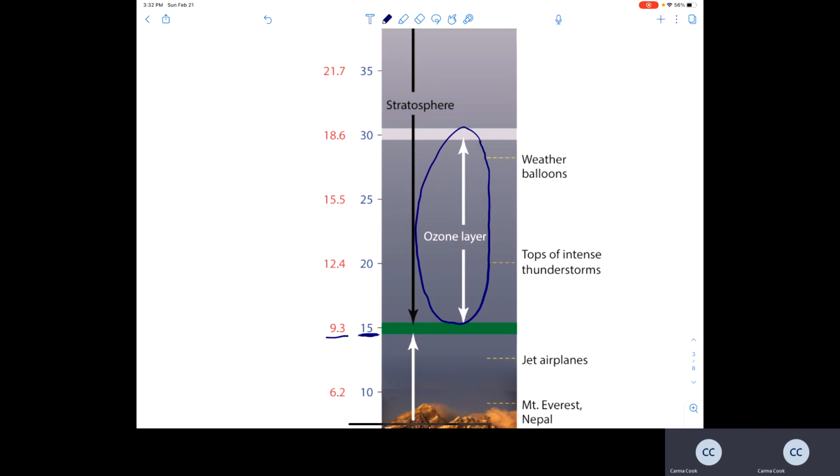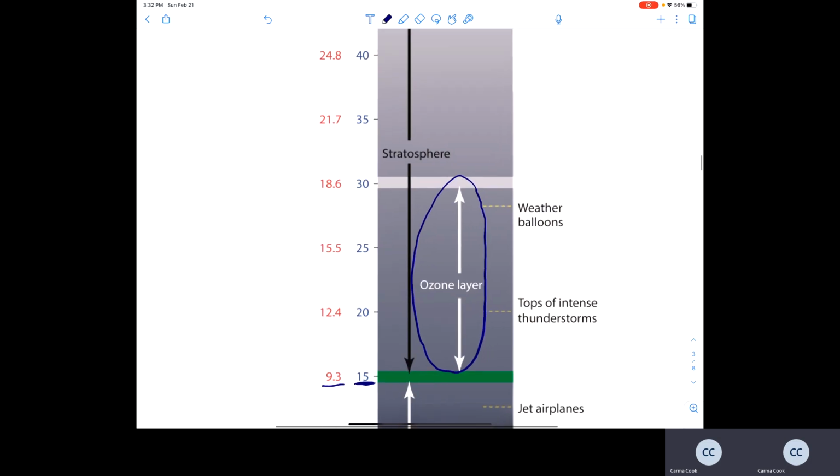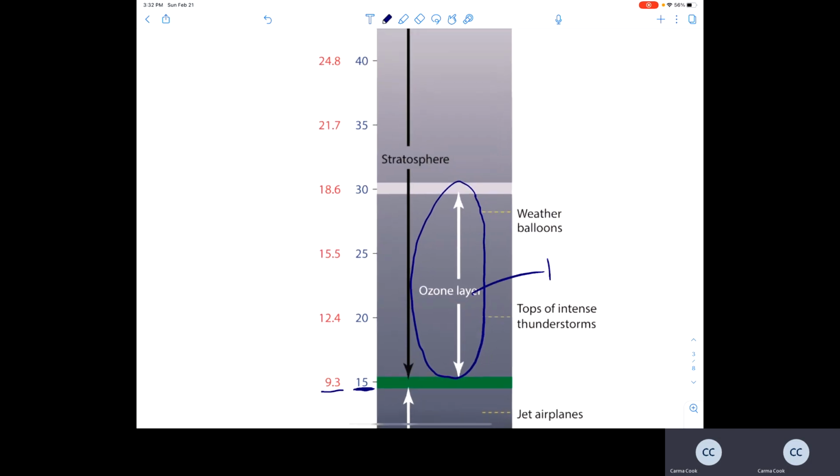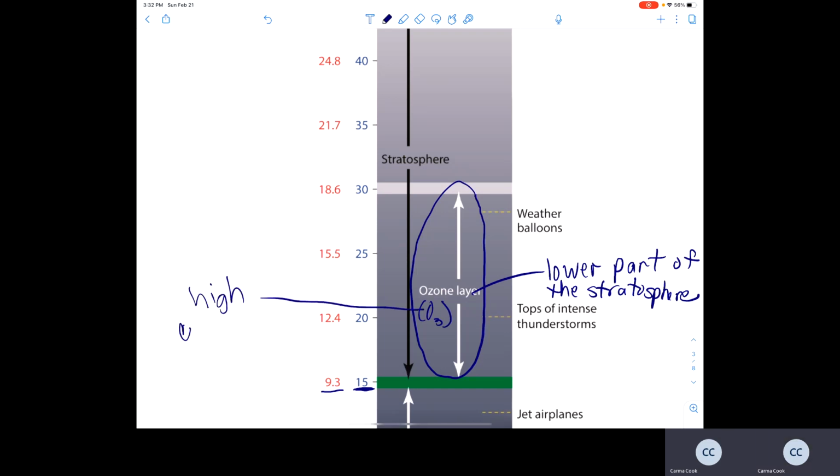It ranges between 15 to 30 kilometers above the ground, so it's in the lower part of the stratosphere. And it's where ozone, O3, is in high concentration.